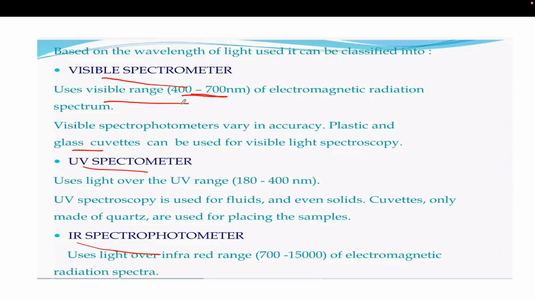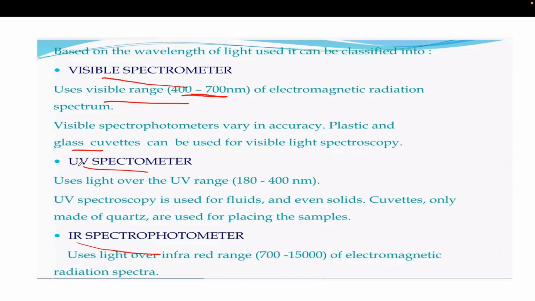In the case of a visible spectrophotometer you can measure normal substances which are transparent itself, that also you can measure. So that is the difference. Colorimetry is a very narrow type of instrument that comes under the visible spectrophotometer. In a visible spectrophotometer you can also use transparent material.